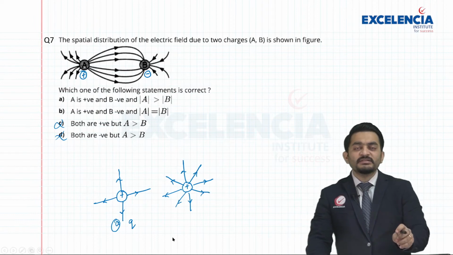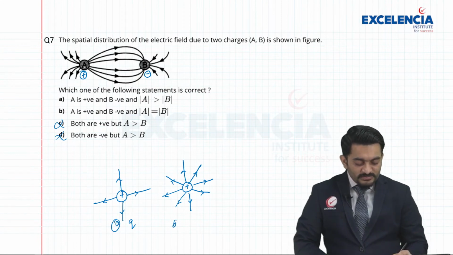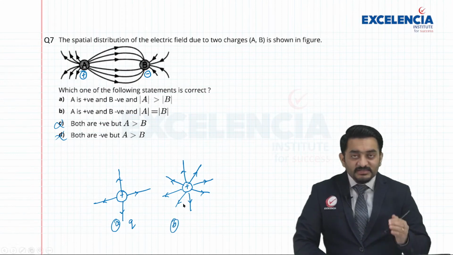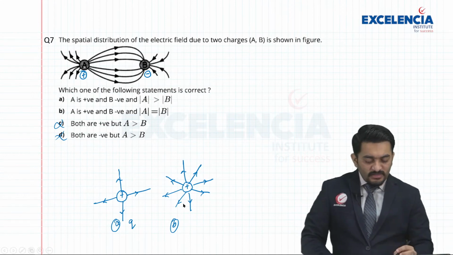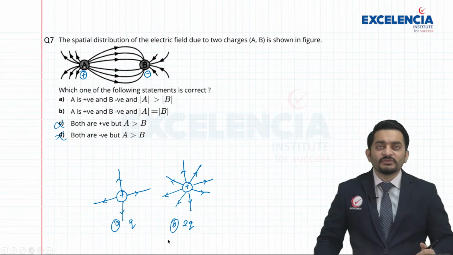It indicates it is the same nature of charge, but the magnitude of this charge is more. As the electric field lines are doubled, its magnitude should be 2 times the previous one.